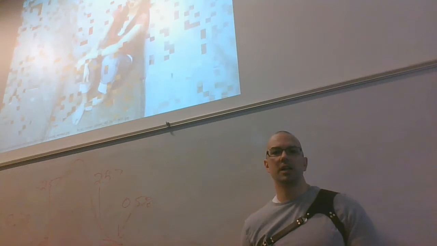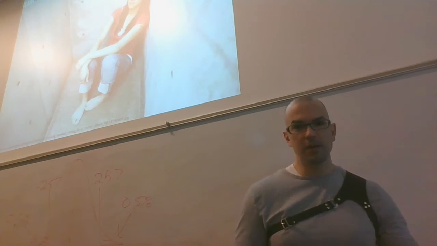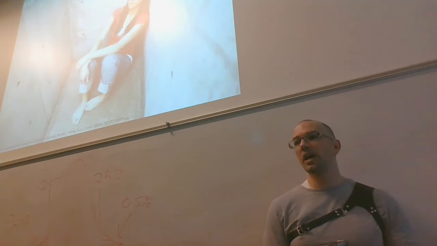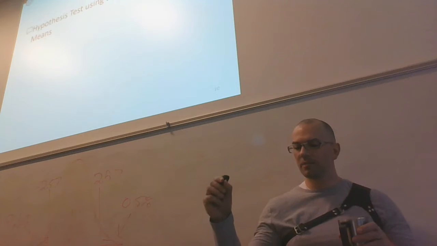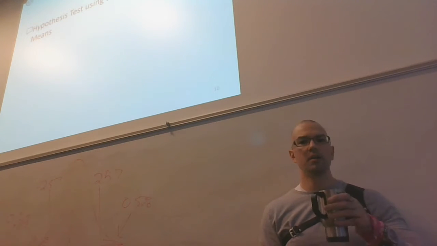And we're going to take a look at an interesting experiment that looked at whether or not timeout will change adult behavior. So if you put adults in a corner, will that actually change their behavior, or will it not be effective for adults? That's what we're going to look at today, an experiment that tested whether or not timeout will work for adults.